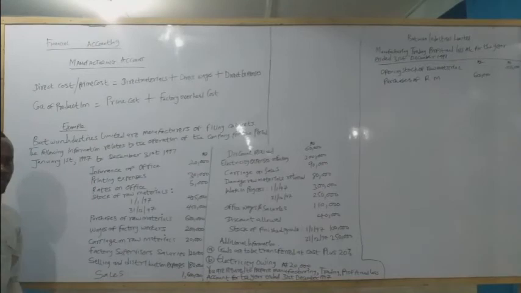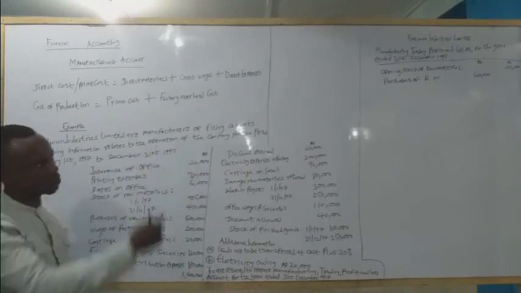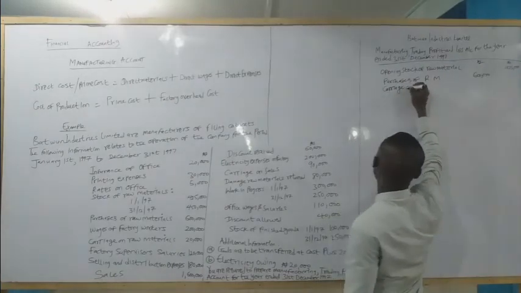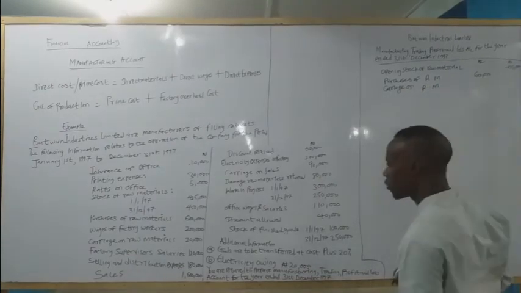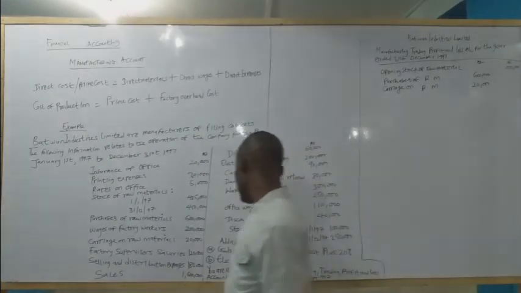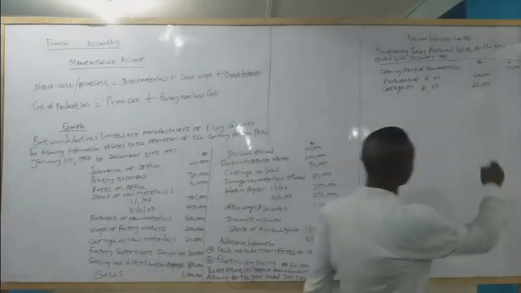Wages of factory workers. So factory worker is a direct wage. So it's going to be included in our cost of production. So it will be a direct cost. But before that, we have carriage on raw materials. So we have to add carriage inward of raw materials. Carriage on raw materials, how much? 20,000. So I'm adding this.